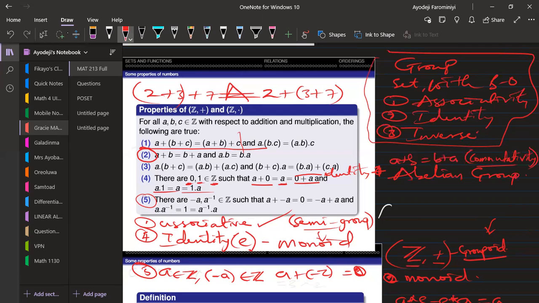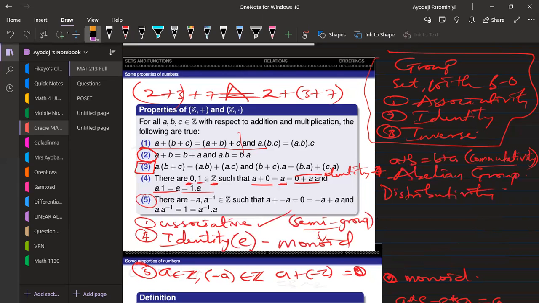All right. So the property that is written in number 3 is what we call the distributive property. Are you following? Yes, sir. That one is not related to a group.